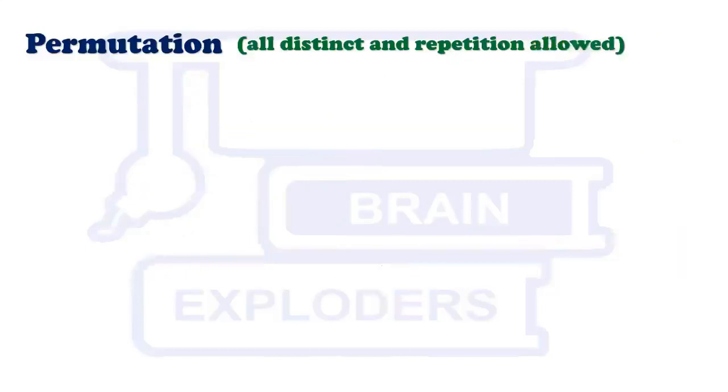Now the case in which repetition is allowed. Now suppose we have n objects. From these n objects we have to take any r and find all their permutations. For the first place we have n choices.